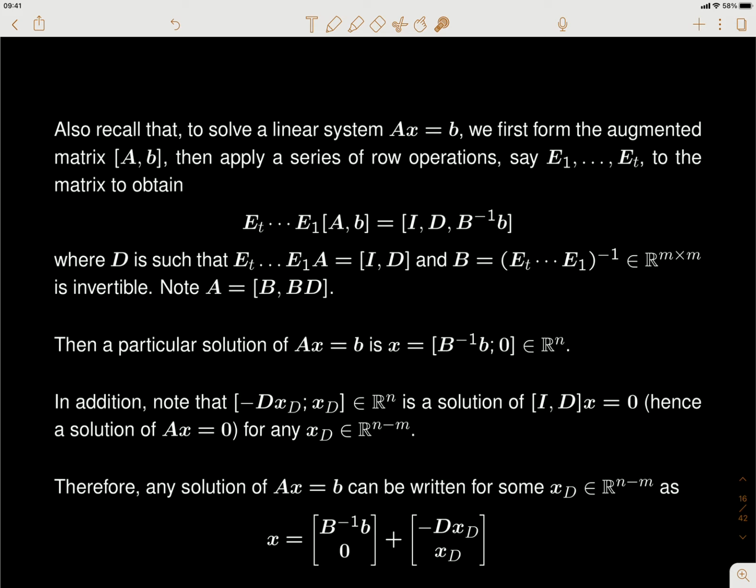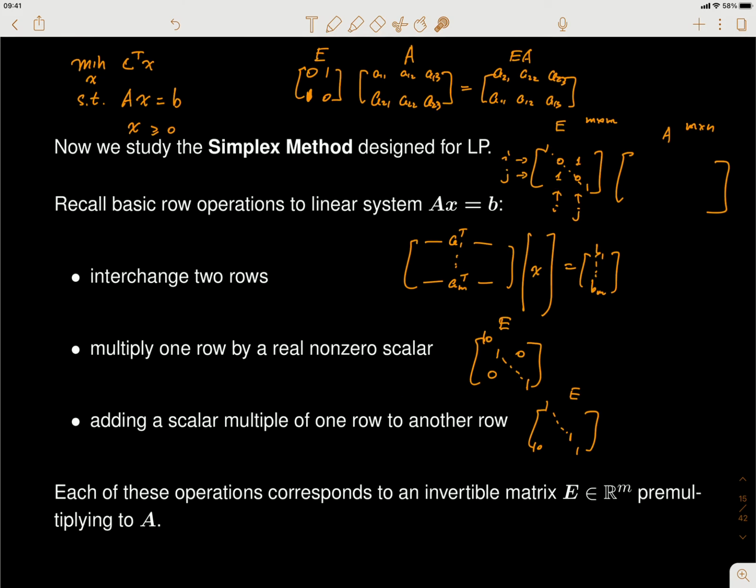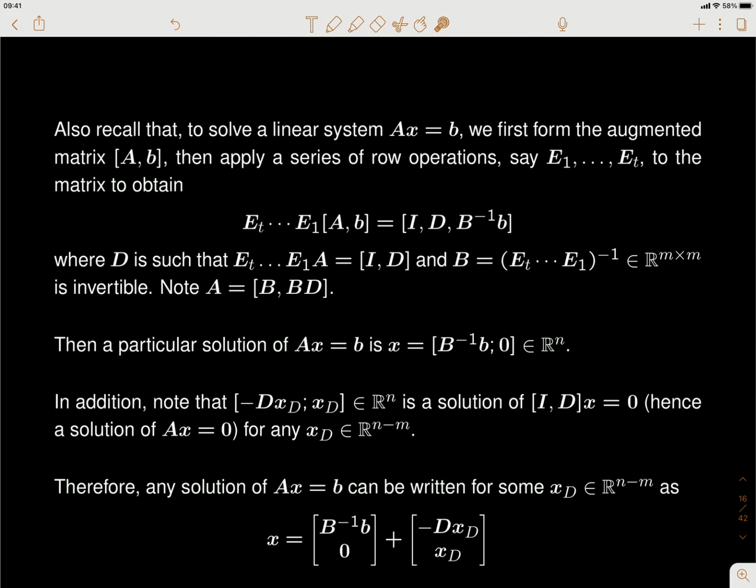More specifically, this is the augmented matrix. We can apply certain row operations. Say we apply T of these basic row operations, and each one of them can be one of those three operations introduced here. Then we can convert the first m columns of this matrix A into an identity matrix, which is ones on the diagonal and zeros off the diagonal.